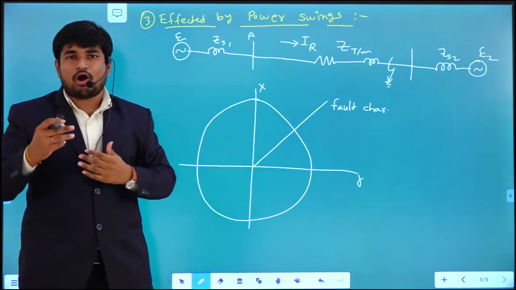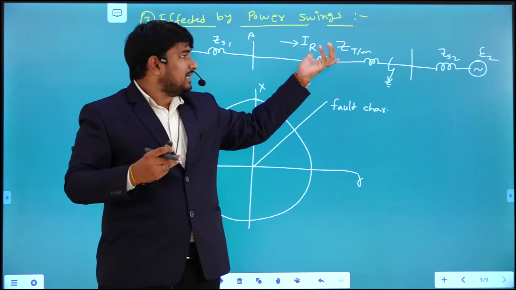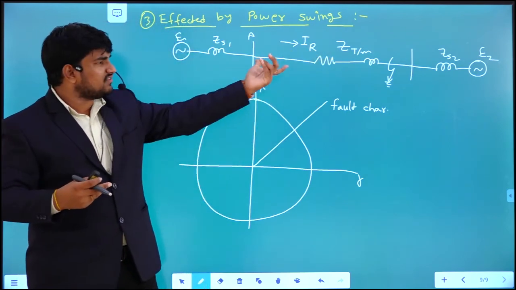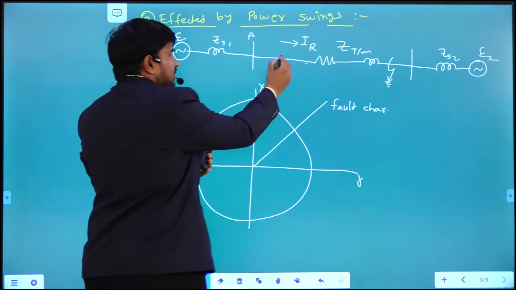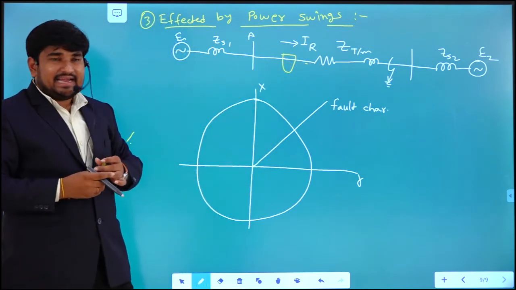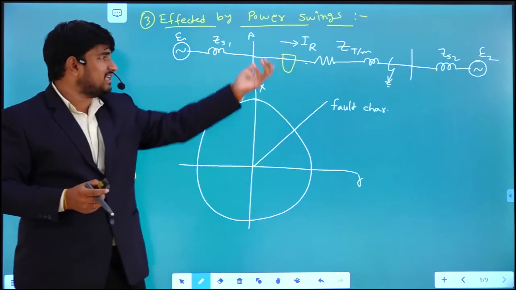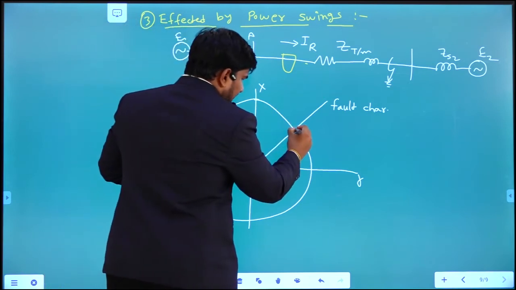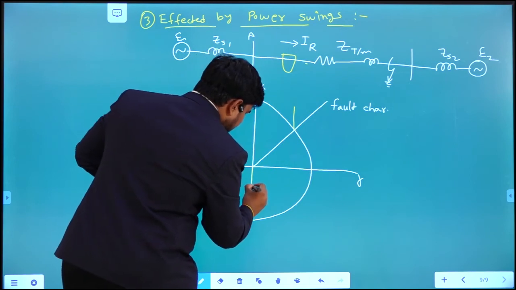That means the current will oscillate, either increasing and decreasing continuously. So because of these current swings, the impedance relay used here will sense this current, and it will sense that the impedance is also changing with respect to current. So now the impedance will also oscillate like this.